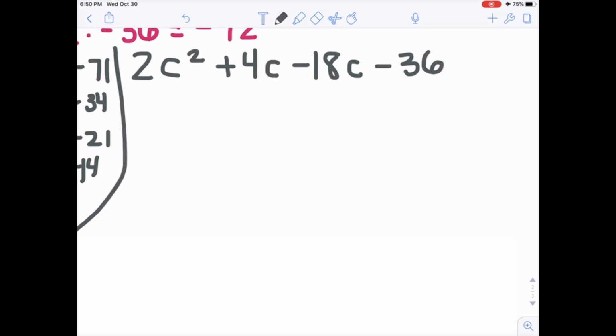So now we're going to factor by grouping, and we're going to do exactly the same process as what we did on Monday. The only difference is that this first term no longer is just the letter squared.